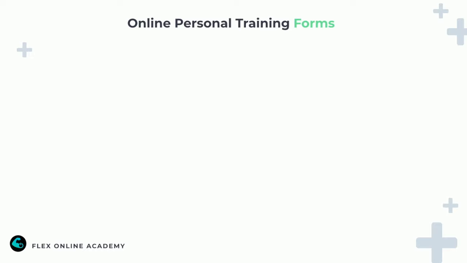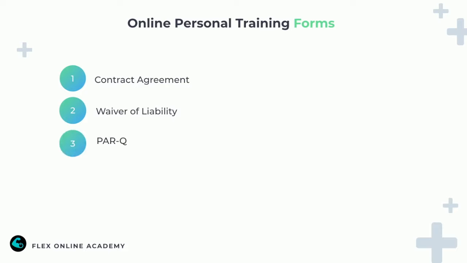You can download those forms as well, and if you want to have those open as we're going through this, that might be helpful. So the first form that you're going to want to have is a contract agreement. The second is a waiver of liability. The third is a PAR-Q form. The fourth is a medical history form.